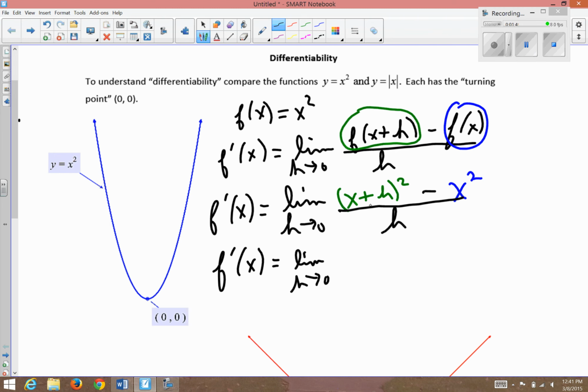Squaring x plus h, the green, it's x squared plus 2xh plus h squared. We still have the minus x squared, that blue, all over h.